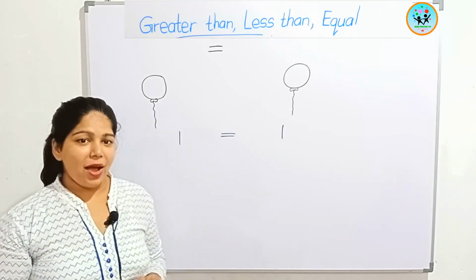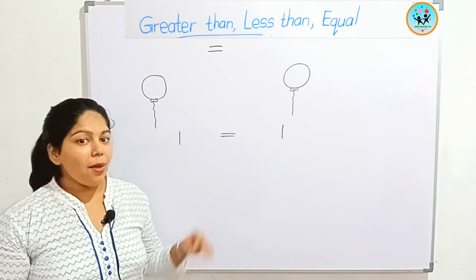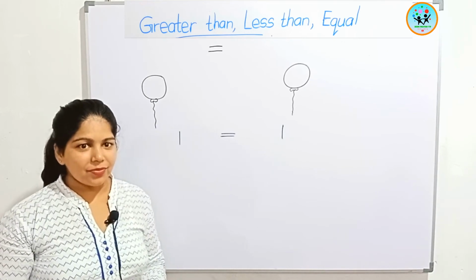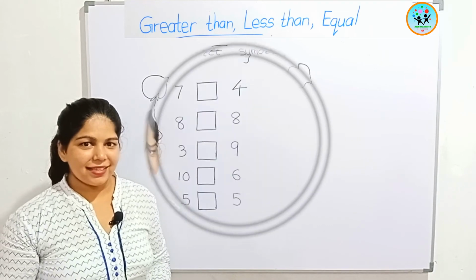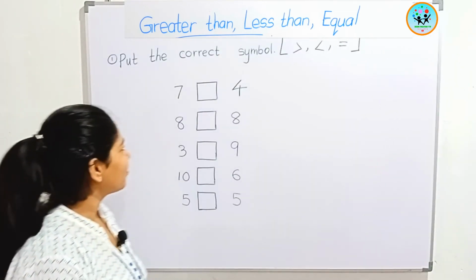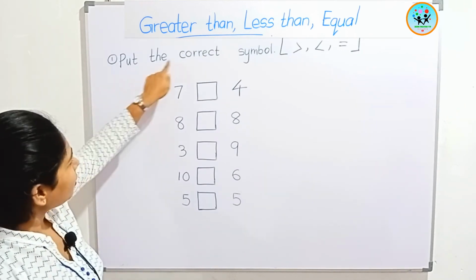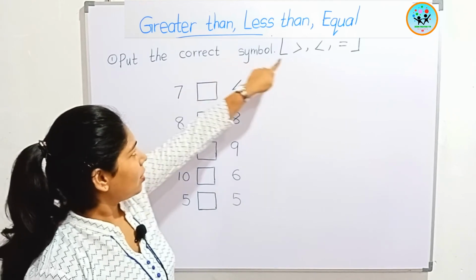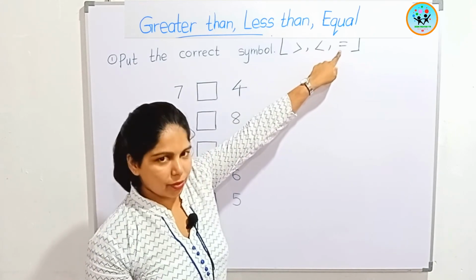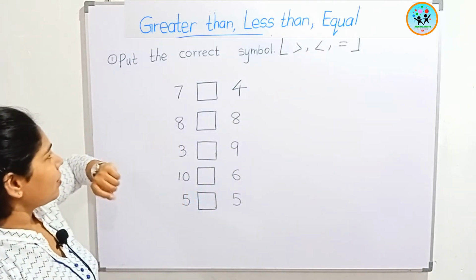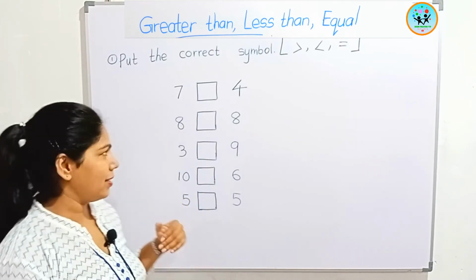Now we learned how to use greater than, less than and equal by using the symbols. We will do an activity. Let's do the activity. First read the question. Put the correct symbol. Greater than, less than, equal. We know how to use them and now we are going to do the activity.